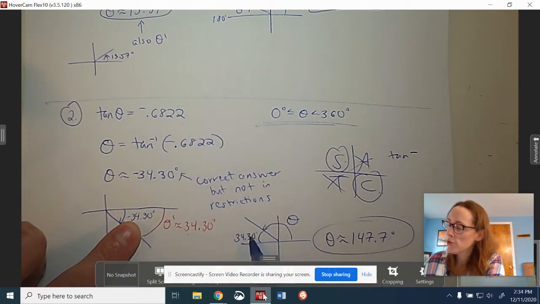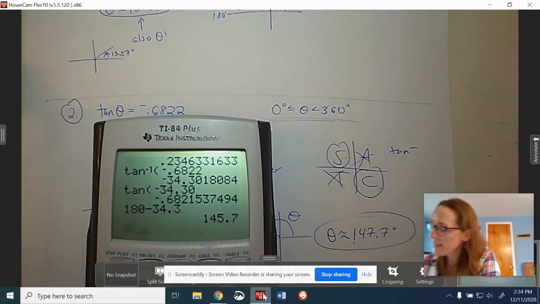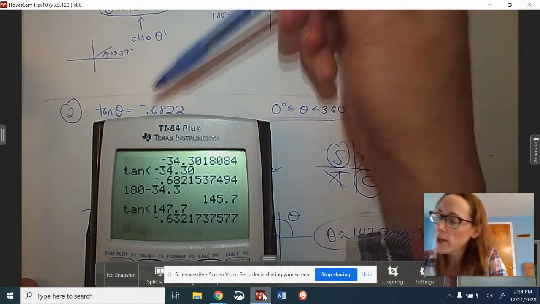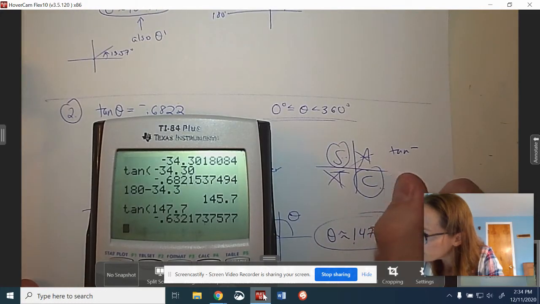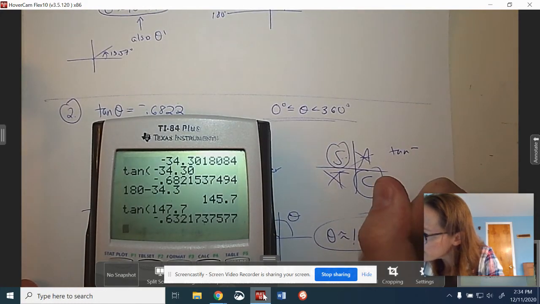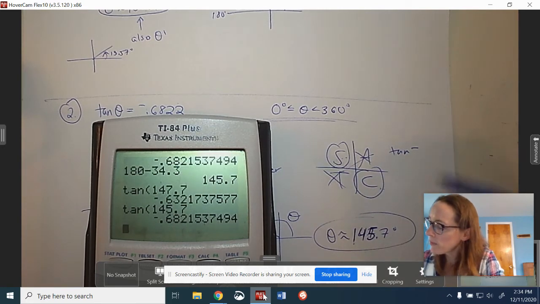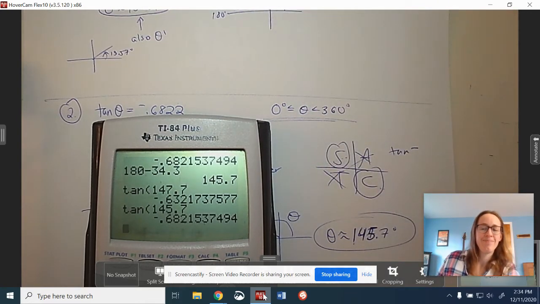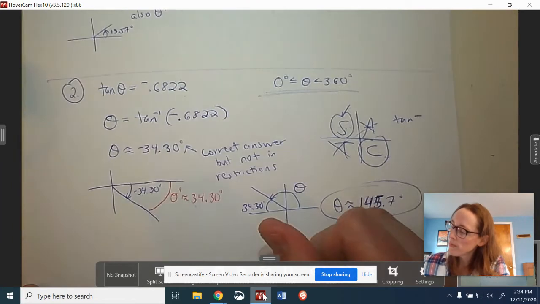And because I'm in quadrant 2 for this, tangent will be negative. And we can check that by doing the tangent of 147.7. Sure enough, we get that 0.6822. What did I do? Oh, I wrote it wrong. Sorry about that. When I subtracted, I should have had 145.7. Let me try that again. So 145.7 gets you really close to that negative 0.6822. Okay? So that's the answer in quadrant 2.